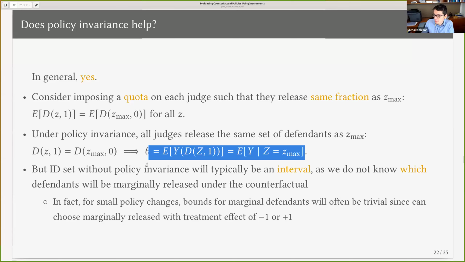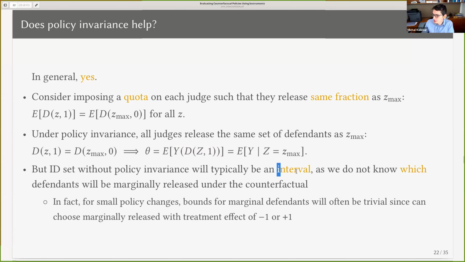Now, without imposing policy invariance, the identified set will be an interval, and it may be a trivial interval in the following sense. Suppose that the most lenient judge is not releasing that many people, say 20% of people. There's going to be a lot of people who I never see released in the data set.